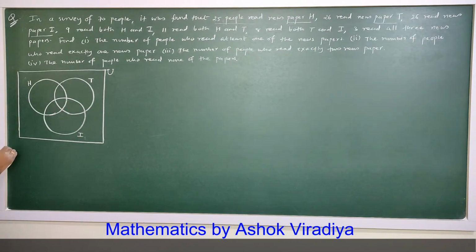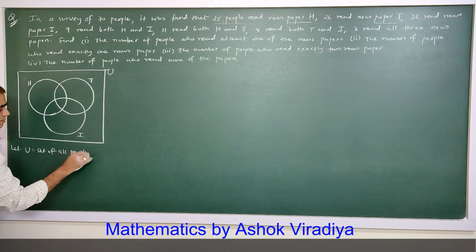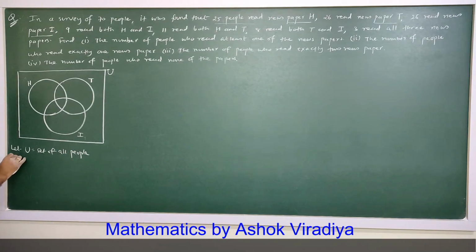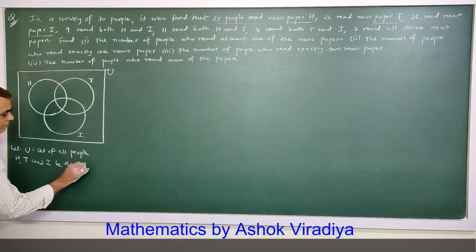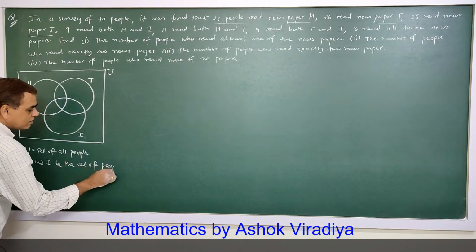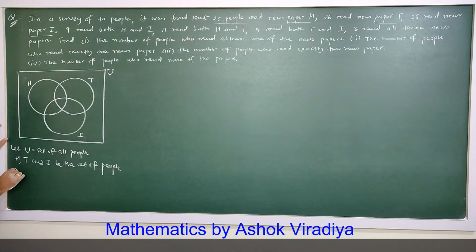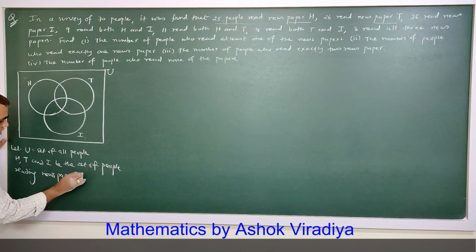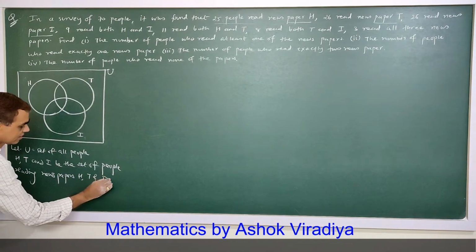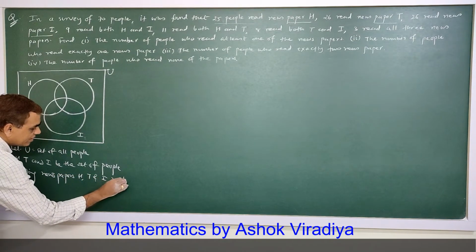So here let U be the set of all people, and H, T and I be the sets of people reading newspapers H, T and I respectively.